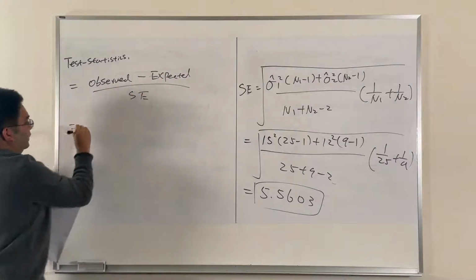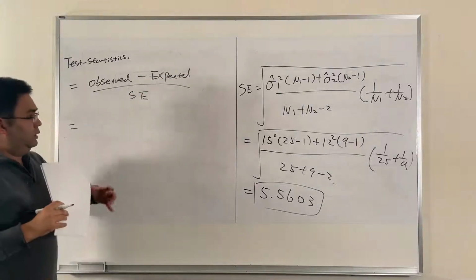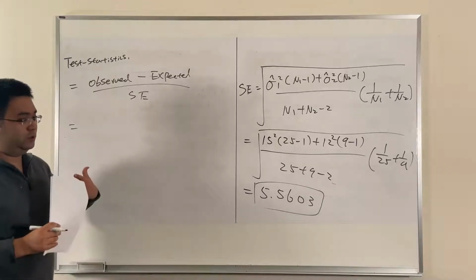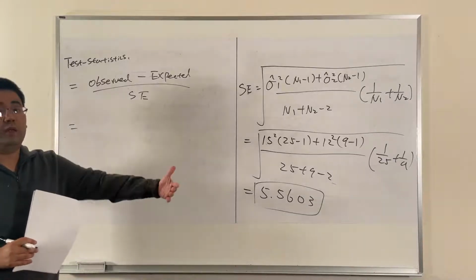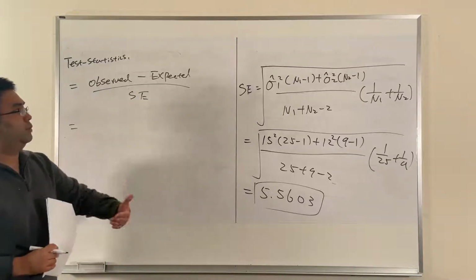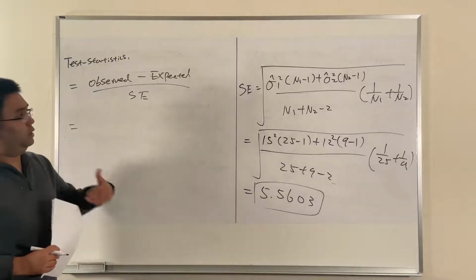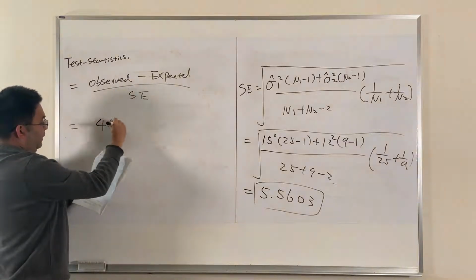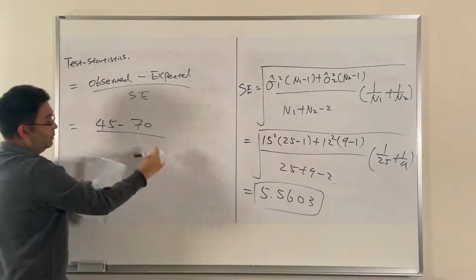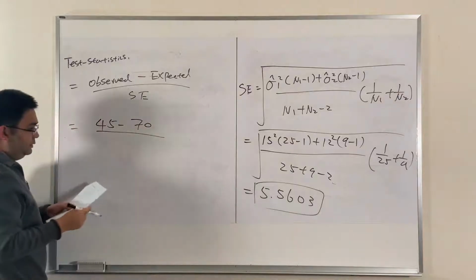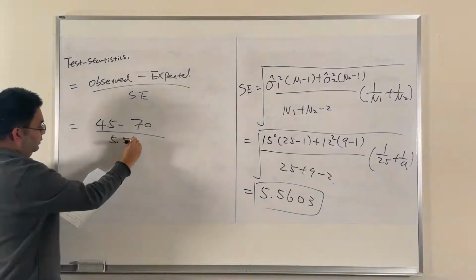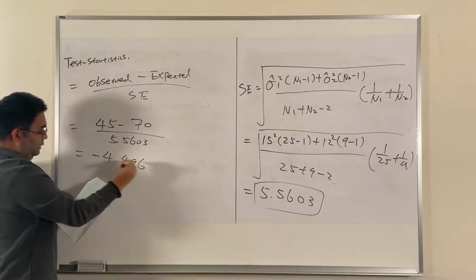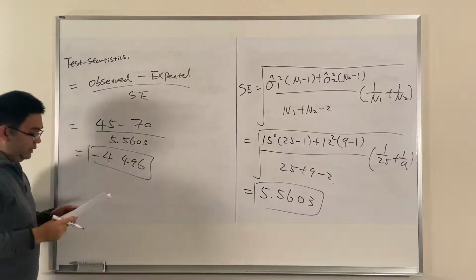Let's say the male sample mean is our observed value, and we want to test whether it's different from the female sample mean, which is the expected value. So here we have 45 minus 70, divided by the standard error 5.5603, and that gives us minus 4.496. This is our test statistic.